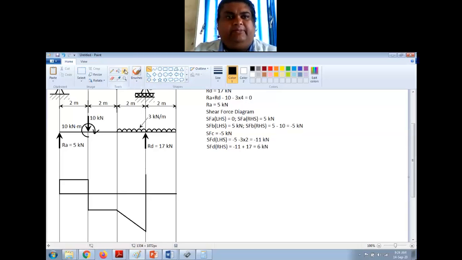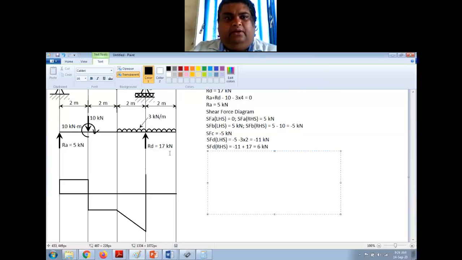Now again, let us come back here. It is the last point, that is E. Now between D and E there is only this UDL, right? So SF at E, there will be no left hand side or right hand side there because it is going to become 0.